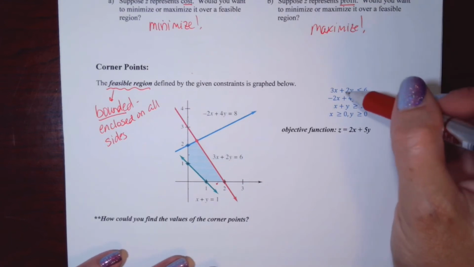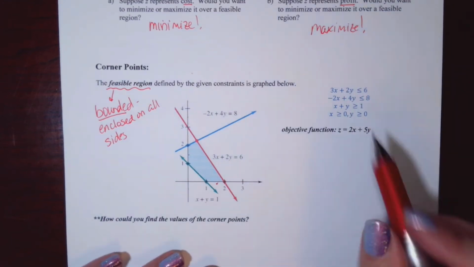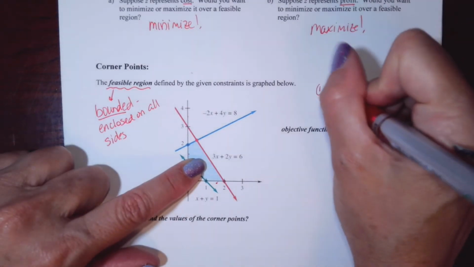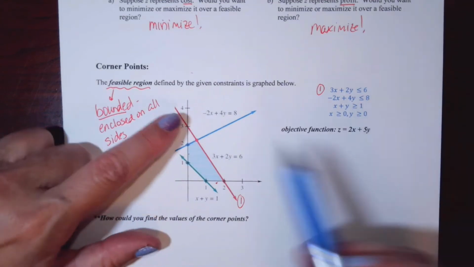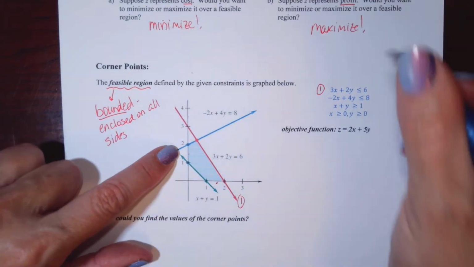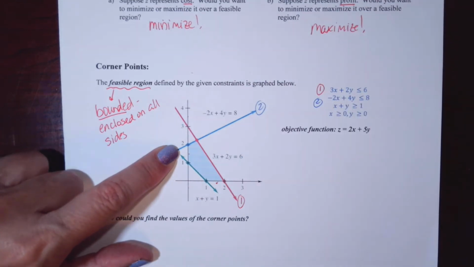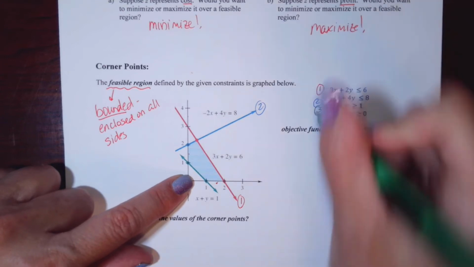I have 1, 2, 3, 4, 5 constraints. The constraint 3x plus 2y less than or equal to 6 is this red line. The constraint negative 2x plus 4y less than or equal to 8 is that blue line. The constraint x plus y greater than or equal to 1 is the green line.